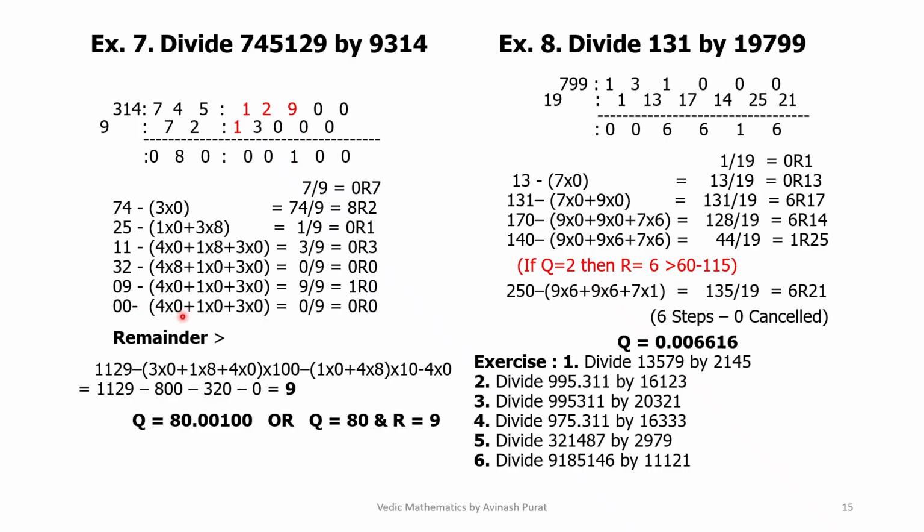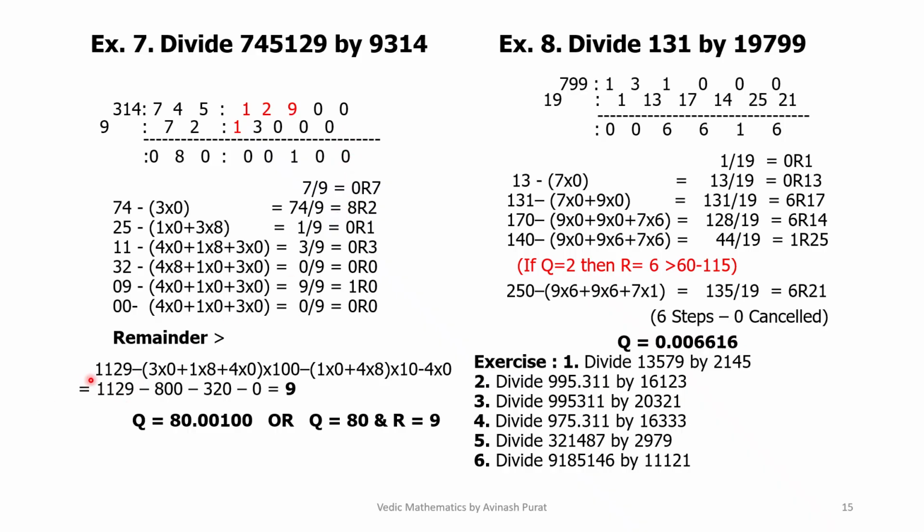So again 0 minus 4 into 0, 1 into 0, 3 into 0 equal to 0 divided by 9 equal to 0.